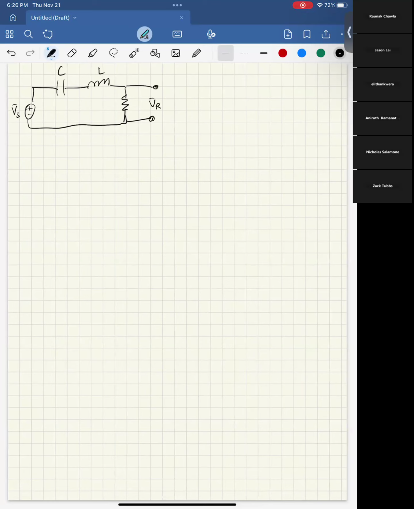We have C, L, R, and this question says find the transfer function, find the resonant frequency omega naught, and the C value. I'll write in some symbols here. Value of H of omega at DC conditions.